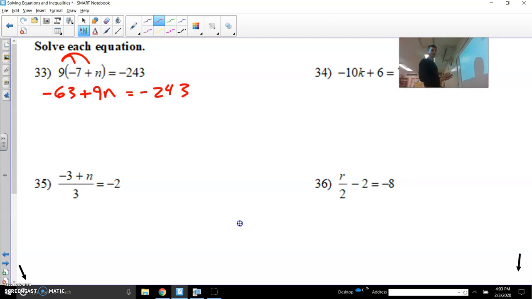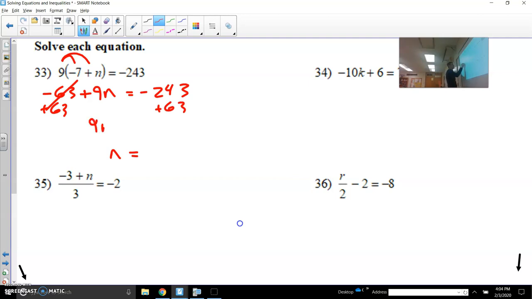Now I'm looking for like terms, and these two numbers are like terms because they do not have a variable. You need to know which number to move. We start by moving 63 because our ultimate goal is to get the variable by itself on one side. I want only n on the left.